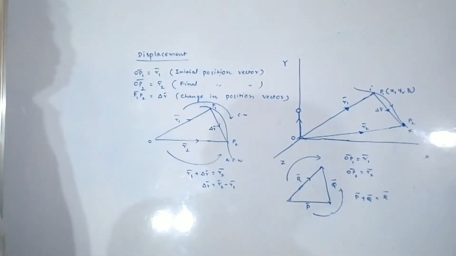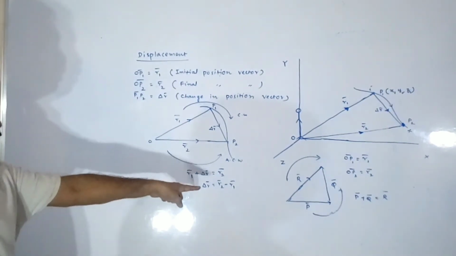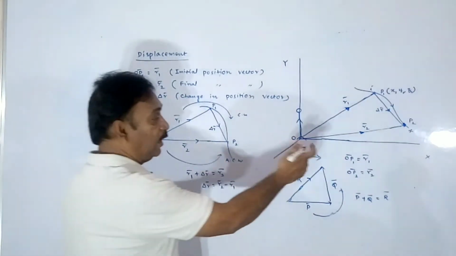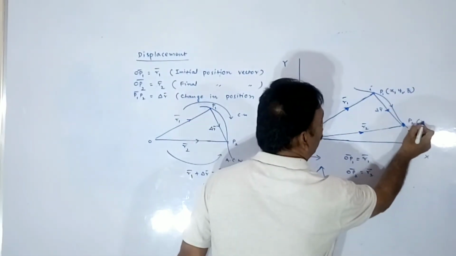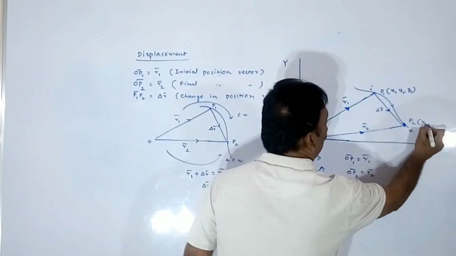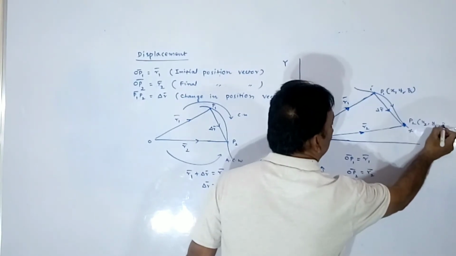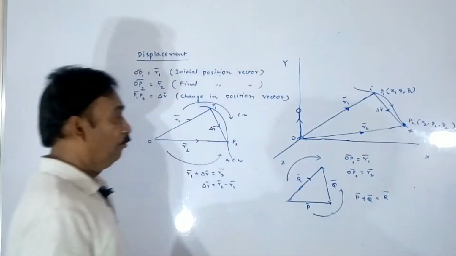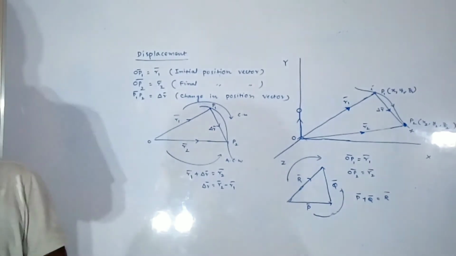Getting me? Delta R is equal to R2 bar minus R1 bar. Here I am locating the position vectors x1, y1, z1 and x2, y2 and z2.